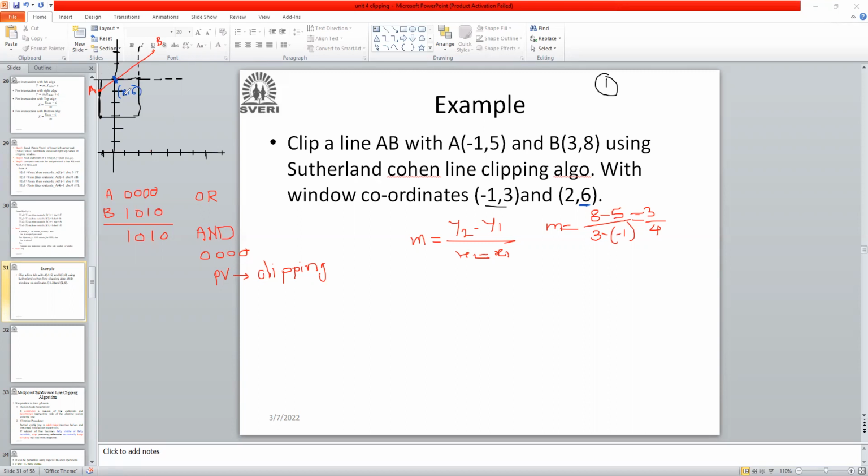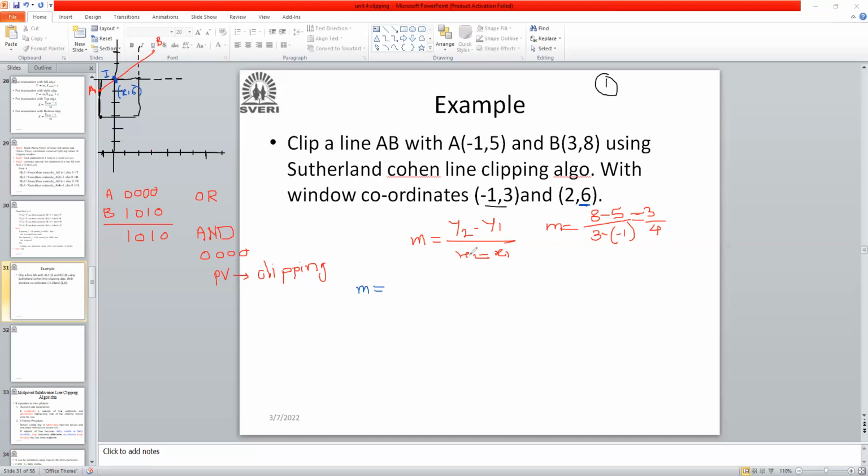So I will put this value in the formula. So I will calculate the intersection point. I will name it as I. So I will take the slope of B and I. In the slope formula, I will put the values of B and I now.